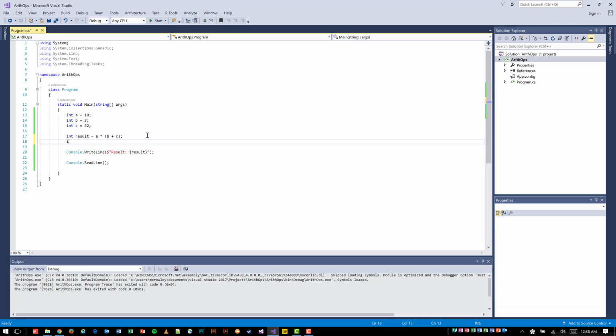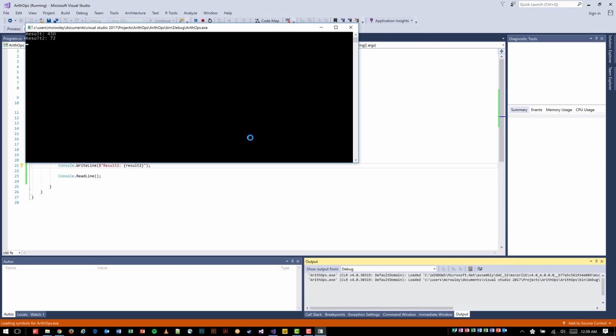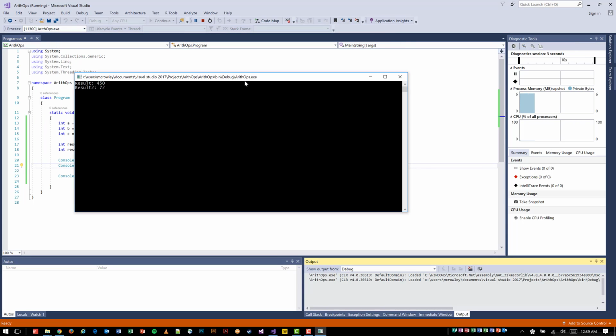So if here we did an int result2 equals a times b plus c without parentheses, and we wrote two lines, result and result2, you can see we get completely different results. And again, that has to do with the order of precedence in your operations, and using parentheses, the grouping of operations.